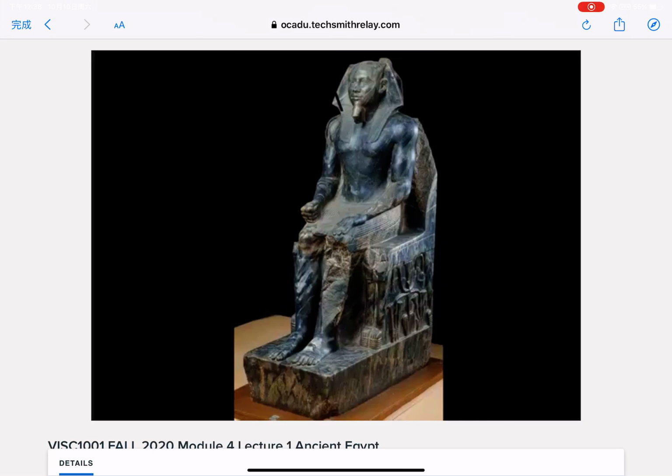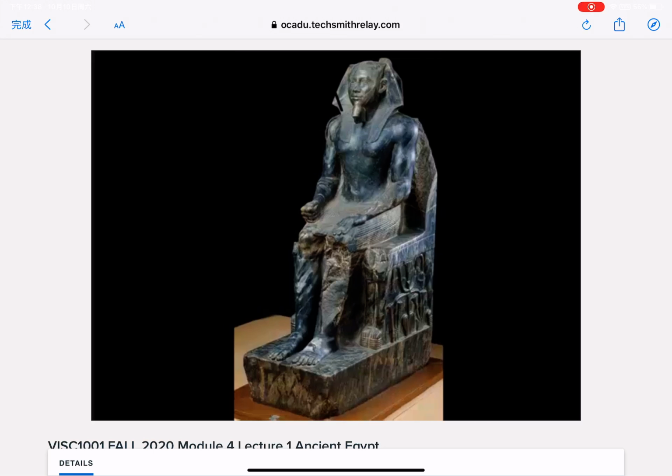This block-like appearance may reflect the fact that Khafre is sculpted in diorite, a very, very hard stone, using a subtractive method, meaning that the sculptor cut or chiseled away chunks of stone.